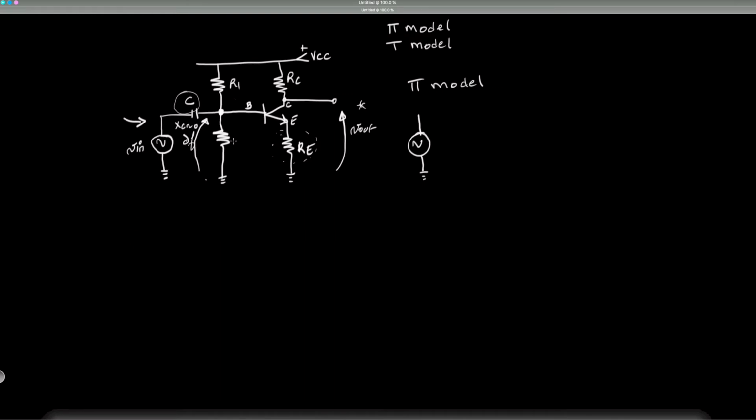Let's not forget R1 here and R2. Okay, so what does that mean? R1 and R2 also, since in AC, VCC will be considered your reference ground, will be in parallel. So we would have R1 here, we would have R2 here.